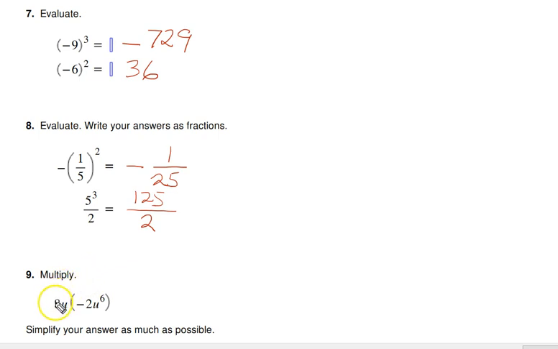Now as we start to do some multiplication, we get 8 times a negative 2 will be a negative 16. Negative times a positive. And then we get u, remember, is to the first power, times u to the sixth power. In this case, we just add exponents, and we get u to the seventh power.